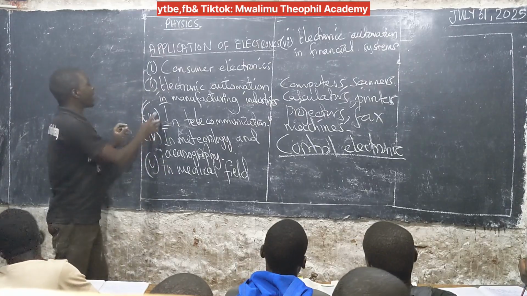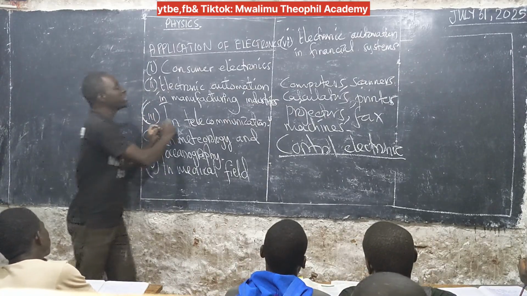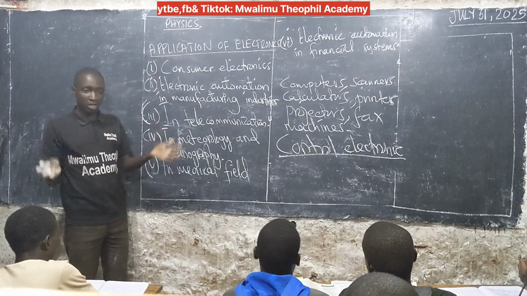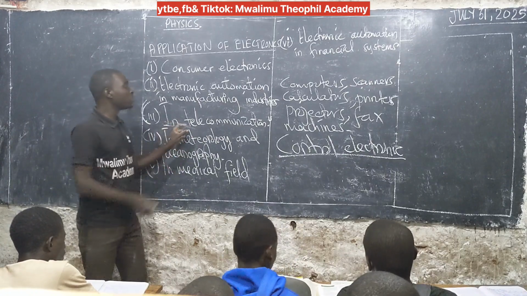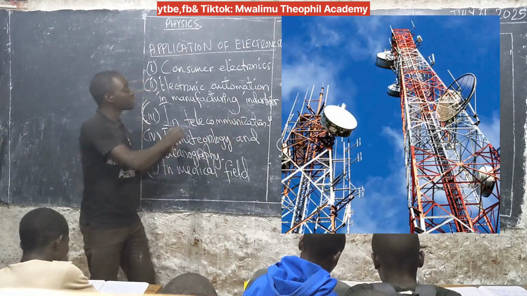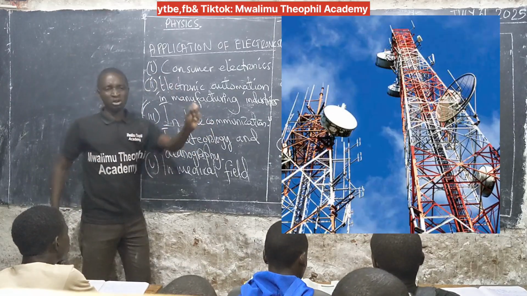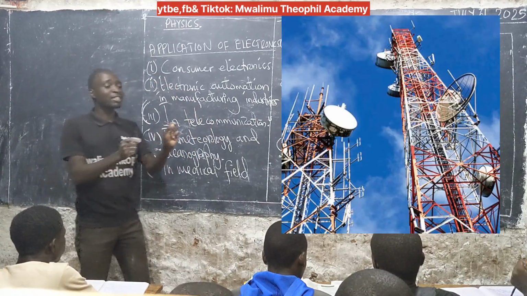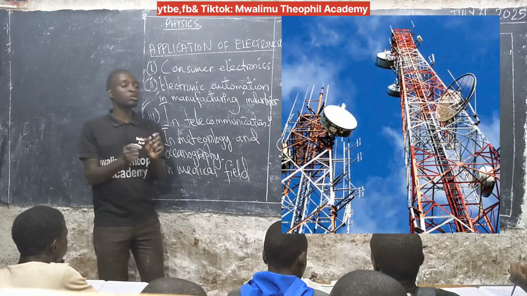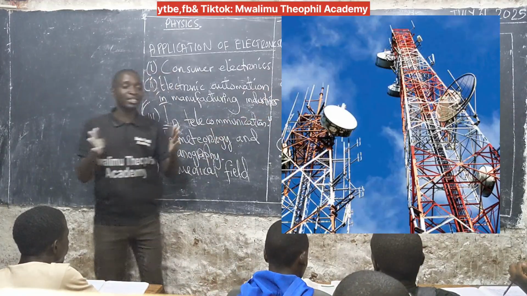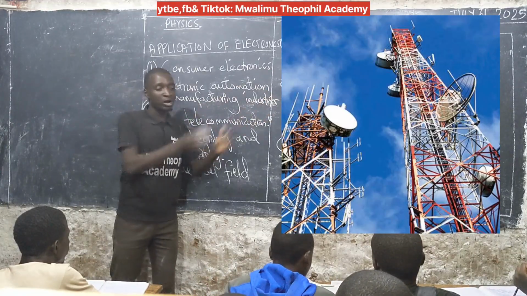Now, a third field is telecommunication. When we speak of telecommunication, we are speaking about wireless communication, communication that does not need physical conductors to carry information from one place to another.